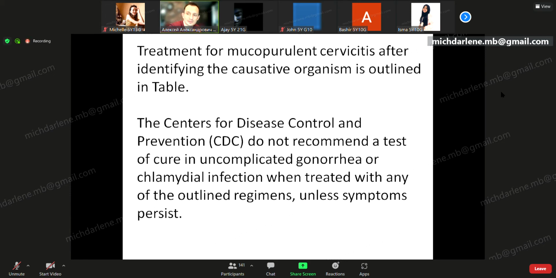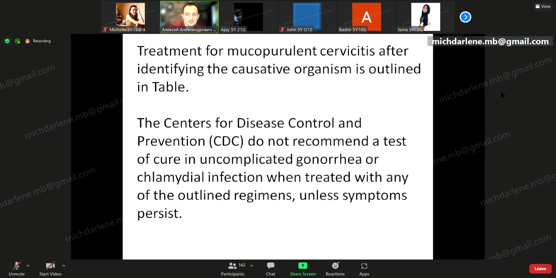If gonorrhea, we need to treat gonorrhea. If trichomoniasis, we need to treat trichomoniasis. Treatment could be with local methods and with general methods. During the treatment, we can stop sexual activity for the female, or there should be prevention of the spreading of the infection with barrier methods of contraception.